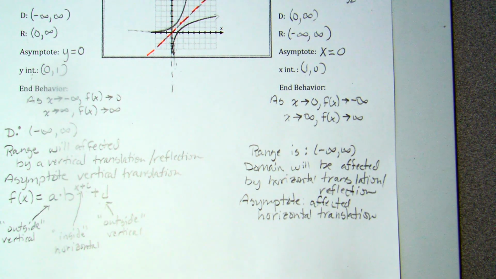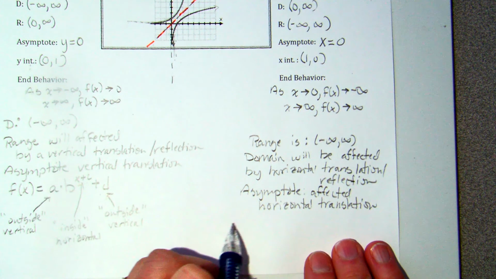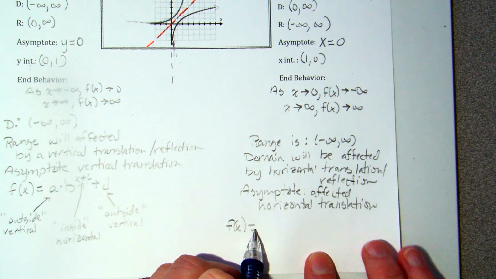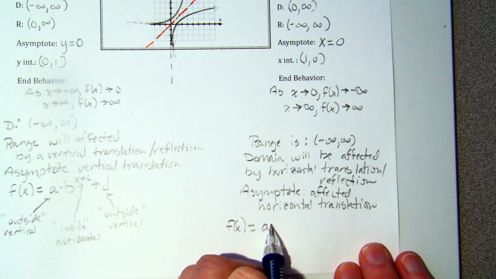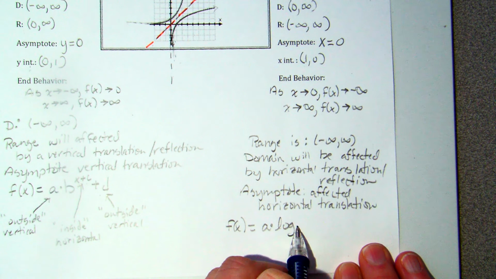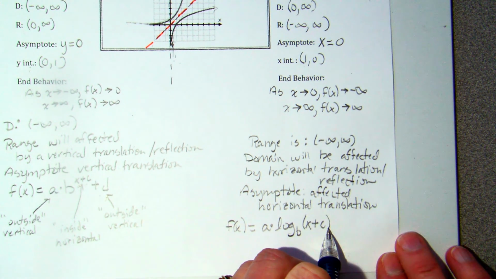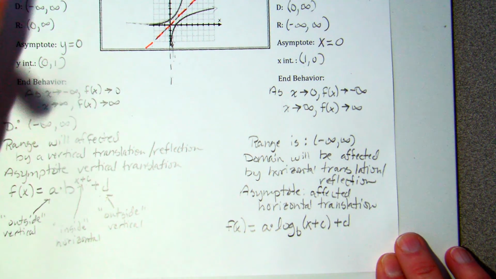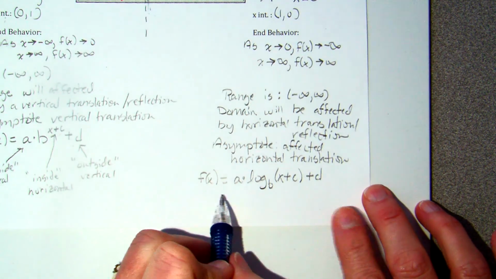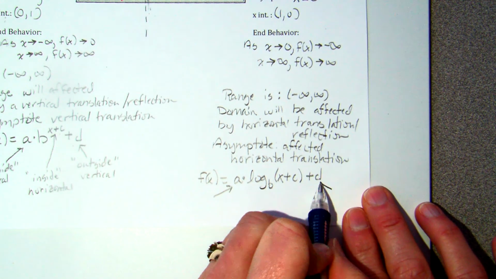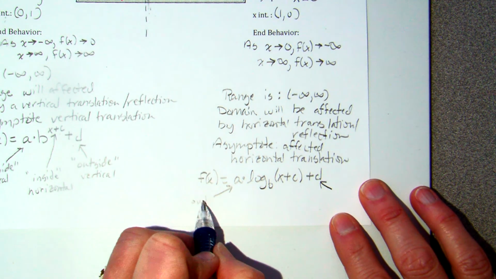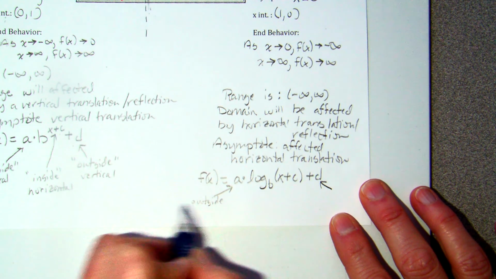Now, this equation, translated, may say f of x equals a times log base b of, and you have parentheses, x plus c, plus d. And again, it's the same thing. That a and that d affect outside. That's going to do something vertically.